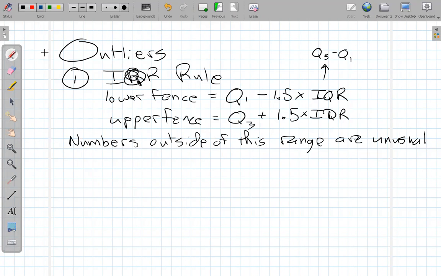So now we get a new method based on standard deviation. So we've got the SD rule. And remember, standard deviation is average spread from the middle.